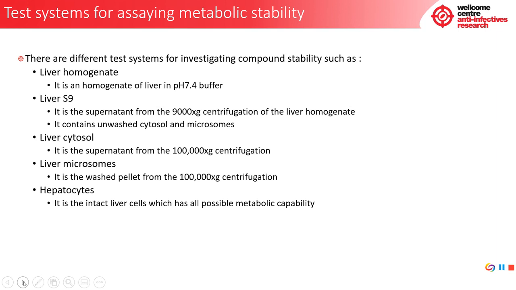Then we have the liver cytosol, which is a supernatant from the 100,000 times g centrifugation. The cytosol generally contains soluble enzymes, such as aldehyde oxidase, for example.